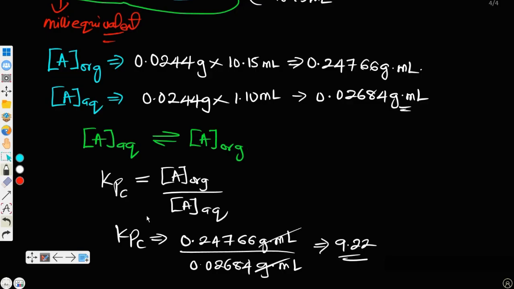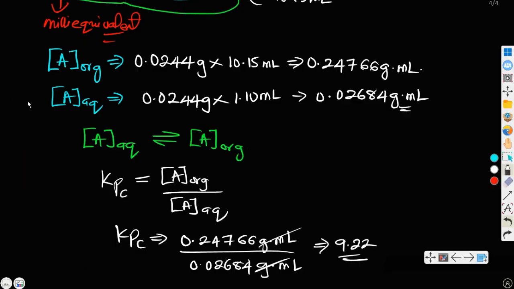So that is our partition coefficient. Is that okay? That is the partition coefficient for this particular one here. All right, are you getting it now? It's kind of very easy, right?